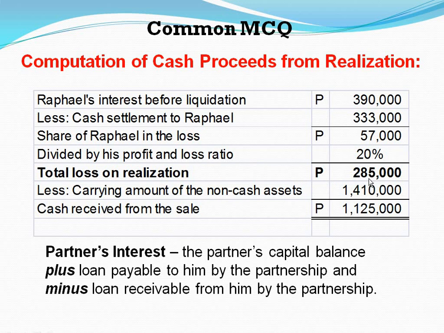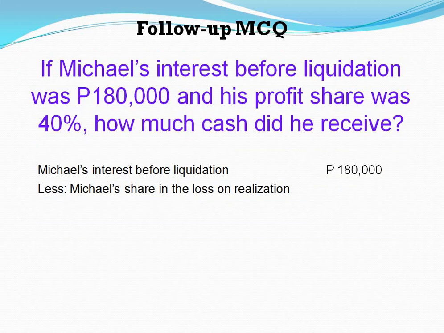Here, 285,000 total loss on realization. But we have to compute Michael's share in the 285,000 pesos loss by multiplying that amount by his profit and loss share of 40% to get 114,000.